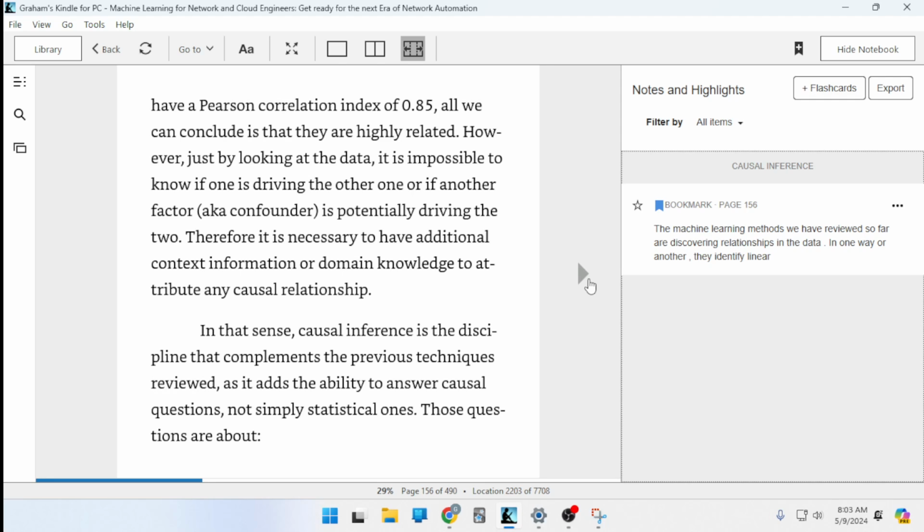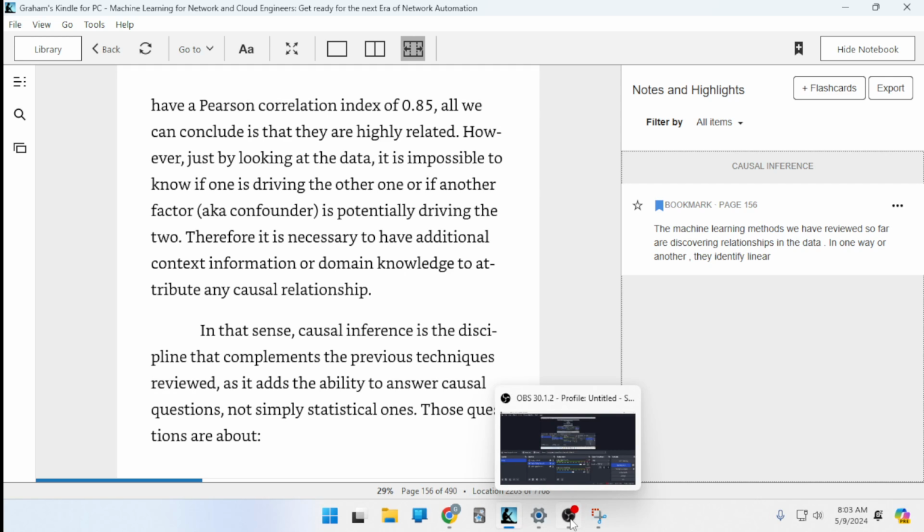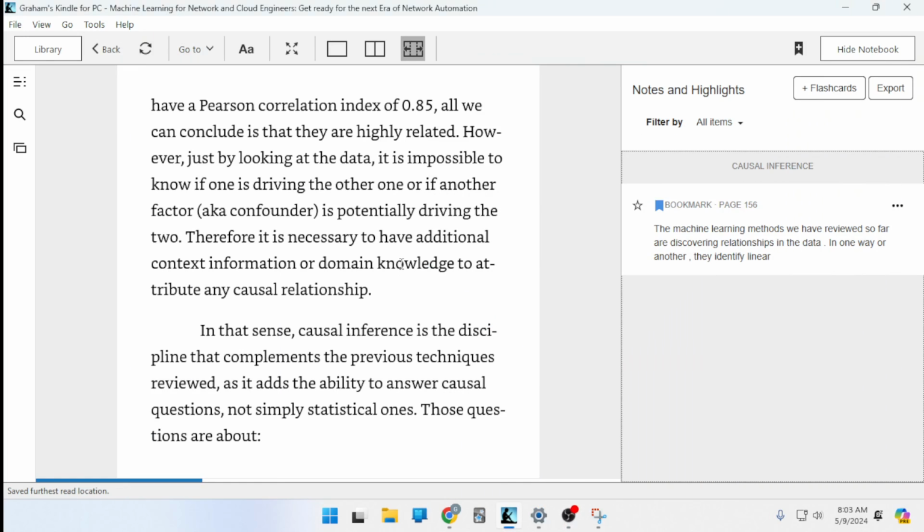However, just by looking at the data, it is impossible to know if one is driving the other or if another factor, aka confounder, is potentially driving the two. Therefore, it is necessary to have additional context information or domain knowledge to attribute any causal relationship.